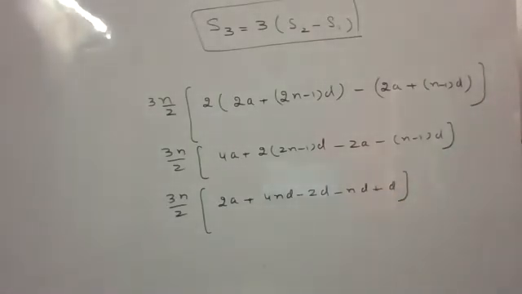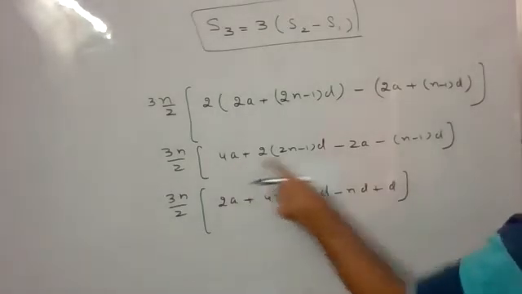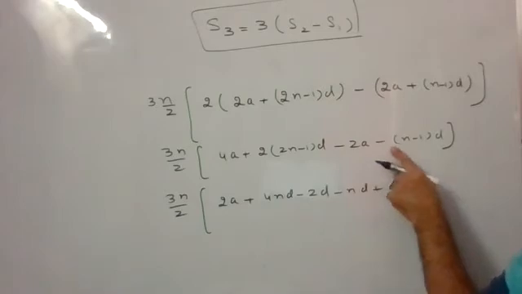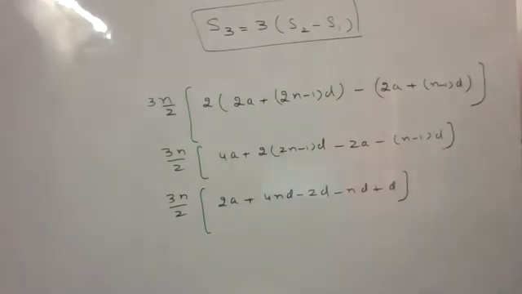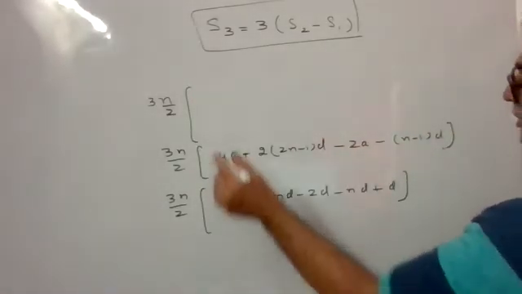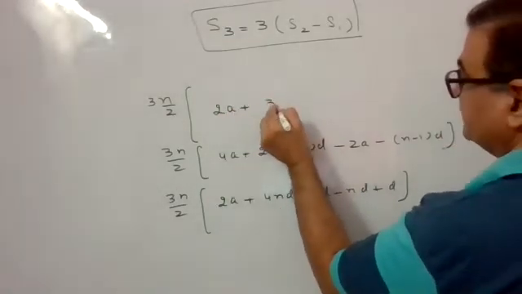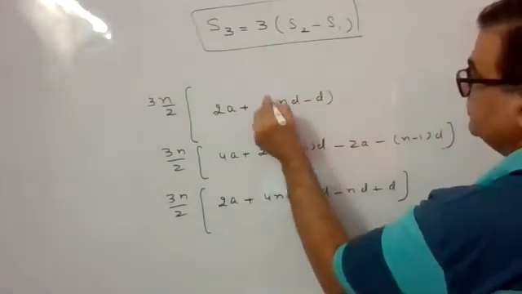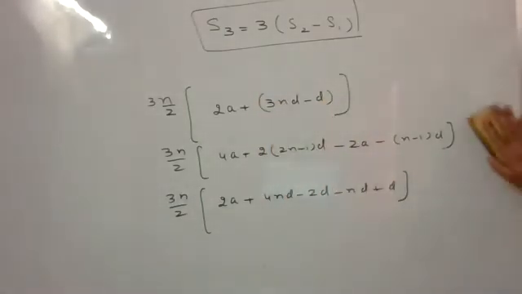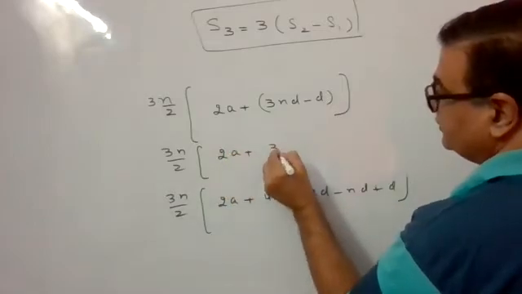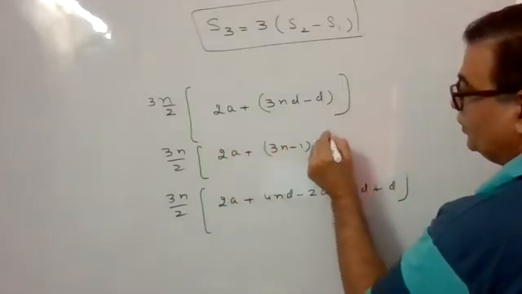Then left is 4nd minus 2d. Then minus nd plus d. So we write this as 2a plus 3nd minus d. And when you solve it, it will come out to be 2a plus 3n minus 1 into d.